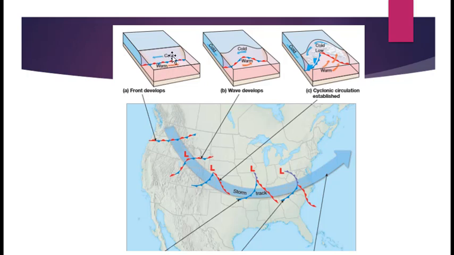So you have a cold front and then a warm front, or cold air masses and warm air masses, and then it starts to move. We have mentioned that warm air will rise and cold air sinks, and then it will start to develop a wave. Then after that, we have here a warm front and then a cold front. So this one will start to move, and we will now have the cyclonic circulation being established.